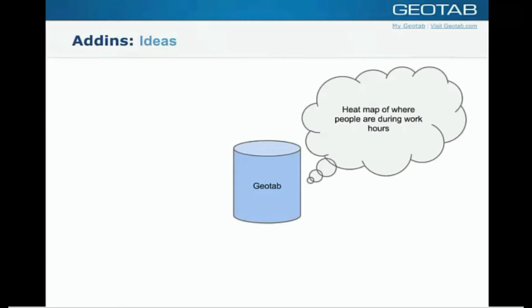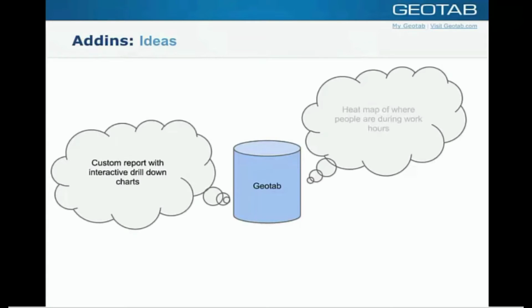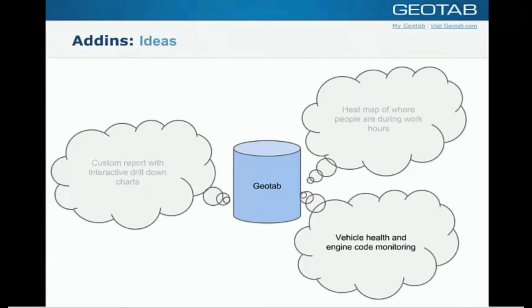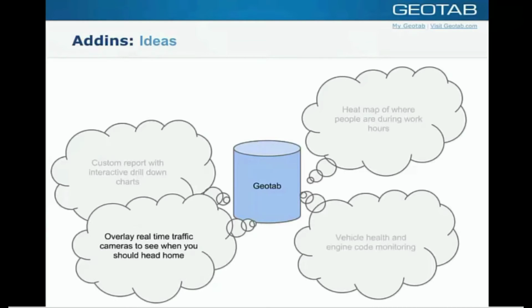Just some ideas of things you could build into Geotab using an add-in: somebody could make a heat map of where people are during work hours. You could do custom reports with interactive drill downs. You could monitor your vehicle health, looking at the engine codes and all of the different diagnostics coming off of the onboard computer.